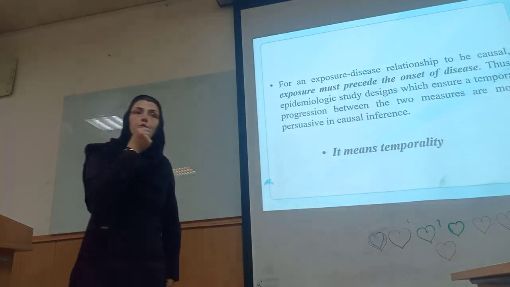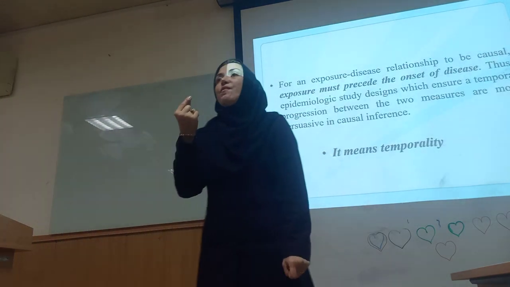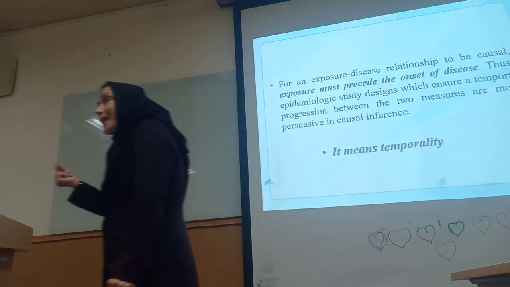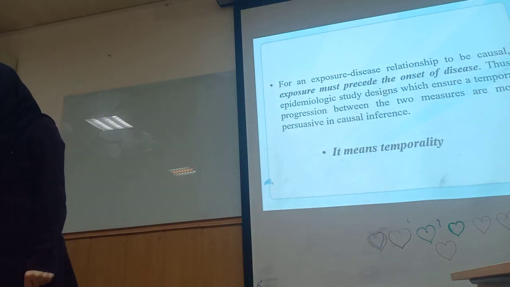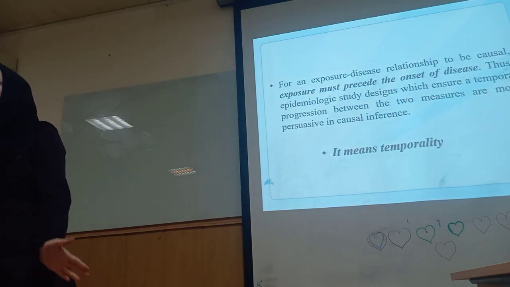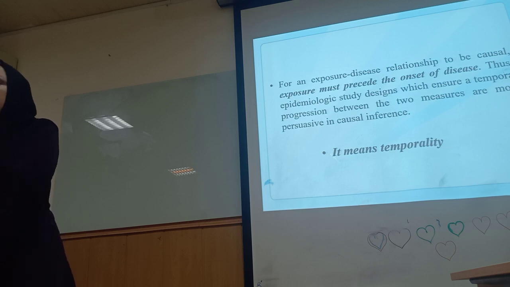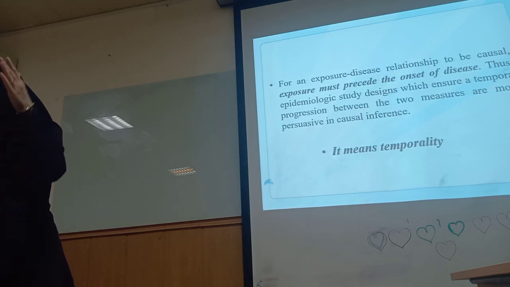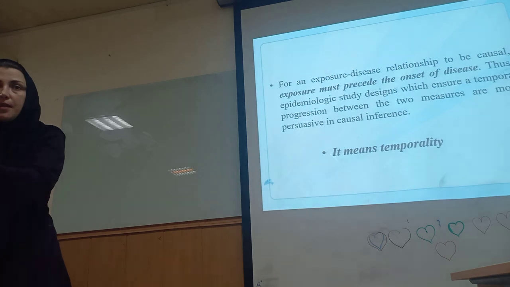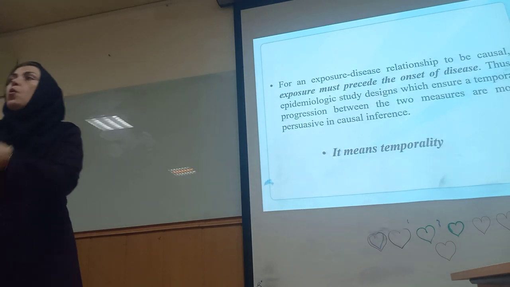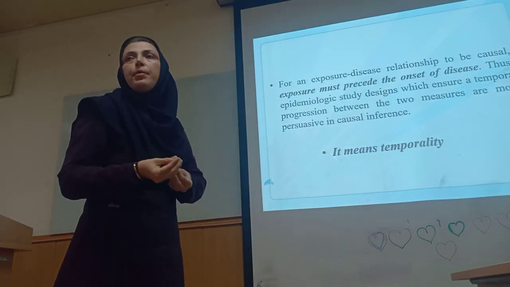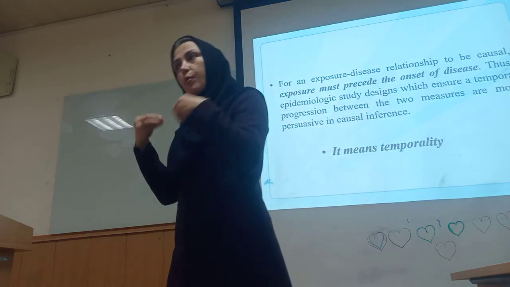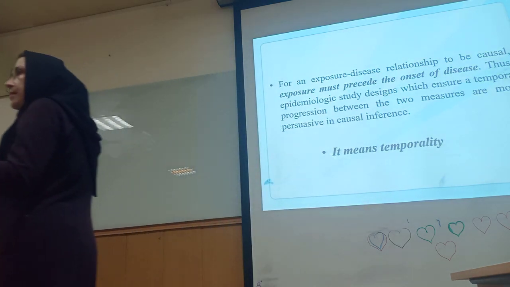So, to investigate the incidence of diabetes, it is clear that you should study a healthy population who are not diabetics right now at the beginning of the study. So, we have some healthy population without our disease of interest.